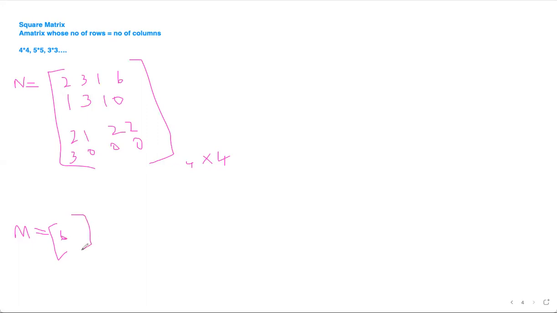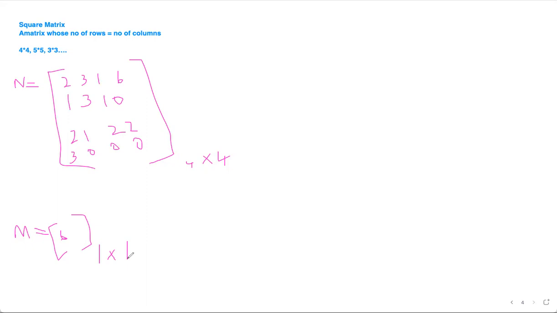So is this a square matrix? Yes. How come? 1 into 1. So it's a square matrix, correct? Yes. Any doubts so far? No, ma'am. Are you clear? Yes. So shall we proceed? Yes, ma'am.